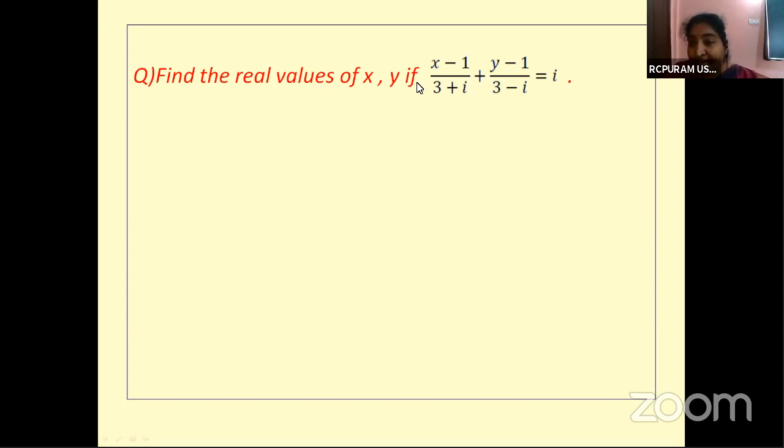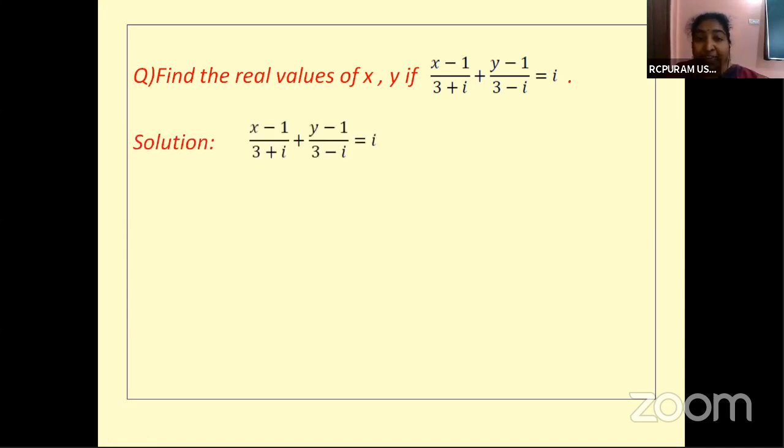One is taking each term separately, getting them into a plus ib form and then solving. Or if you observe carefully, the two terms here have denominators that are conjugates of one another, isn't it? So directly you can take LCM and you can start solving.